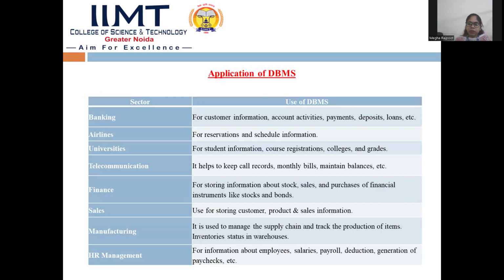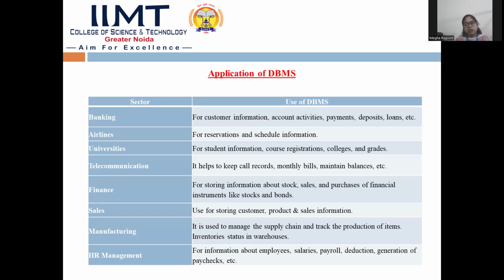So there are some applications of DBMS. We can say where DBMS is used. There are many sectors in which we can use the DBMS: banking system, airline system, universities, telecommunication, finance, sales, manufacturing, HR management.